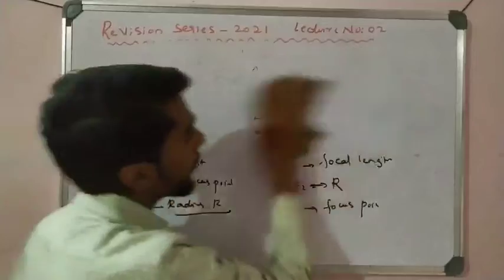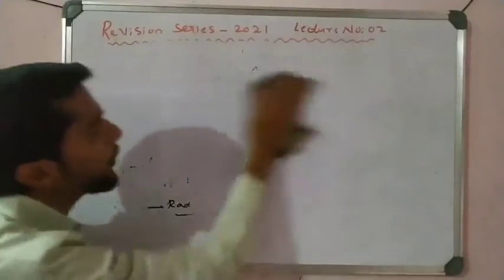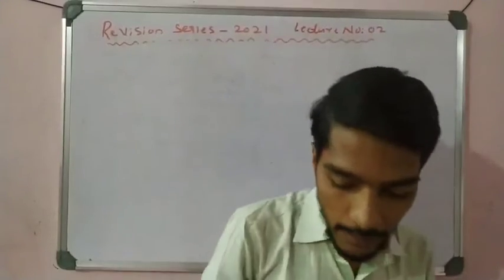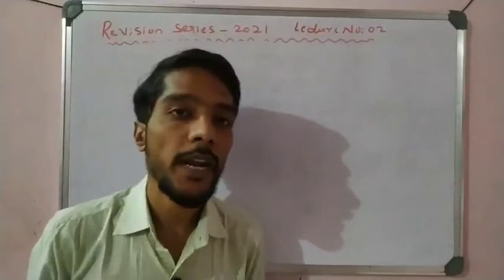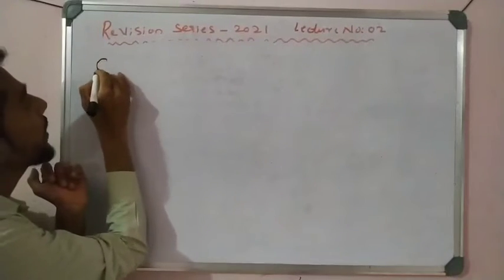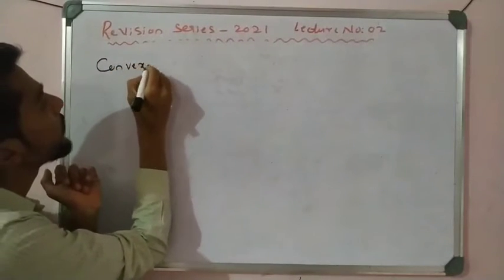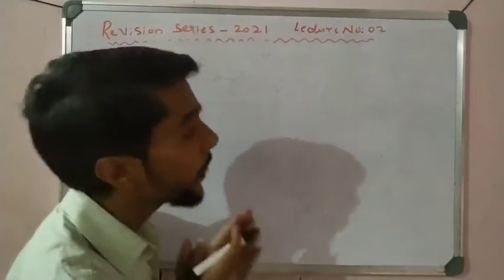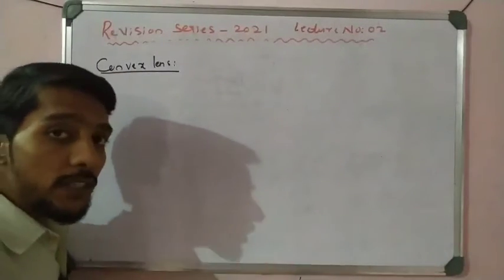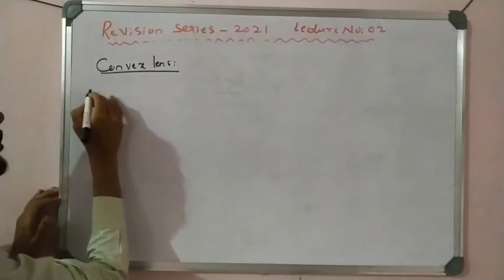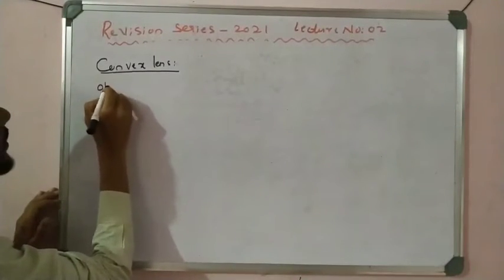Now let us start the formation of images here. After completion of all the concepts, let us start the formation of images. First I take a convex lens. Now students, in the convex lens I can write all the theory. See, first the object distance.